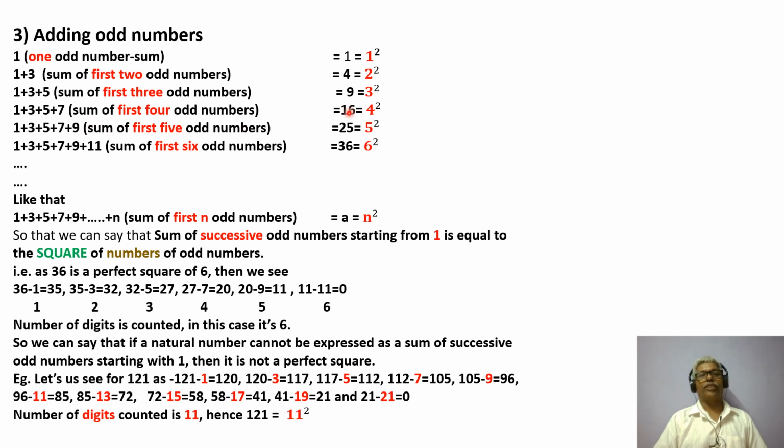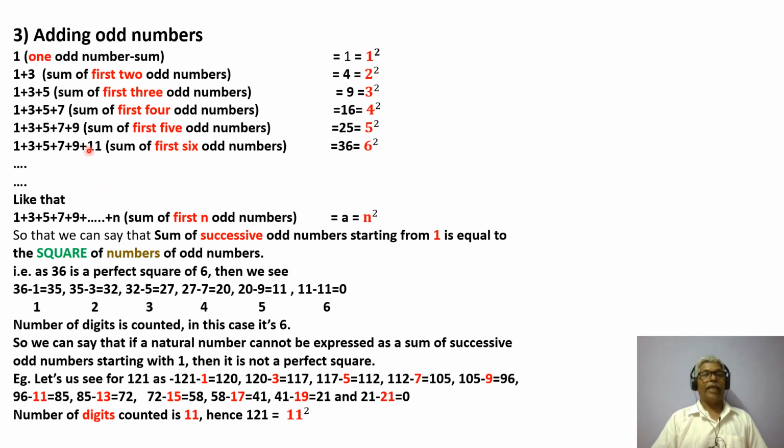So 4 square is 16. 1 plus 3 plus 5 plus 7 plus 9, we have added the first 5 odd numbers. The addition is 25, and just because these are 5, 5 square is 25. Similarly for 6, we have added the first 6 odd numbers. Then the addition is 36. If you see, this is 36, and how many numbers? 6. So 6 square is 36.